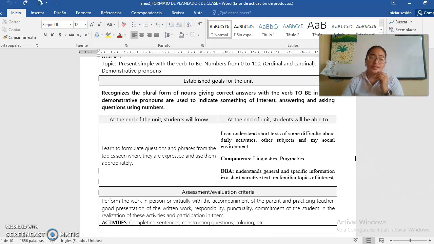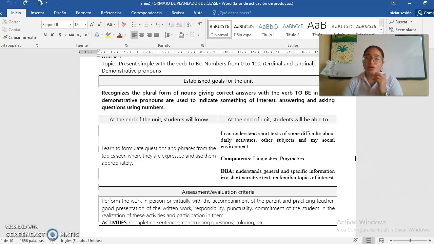At the end of the unit, students will learn to formulate questions and phrases from the topic and use them appropriately.